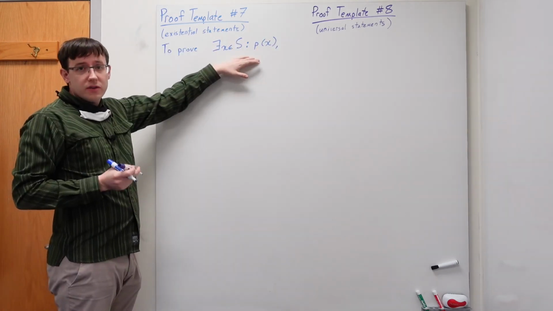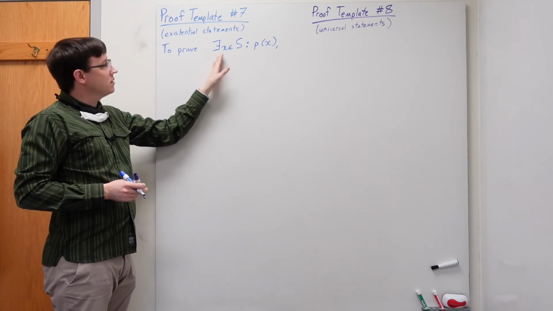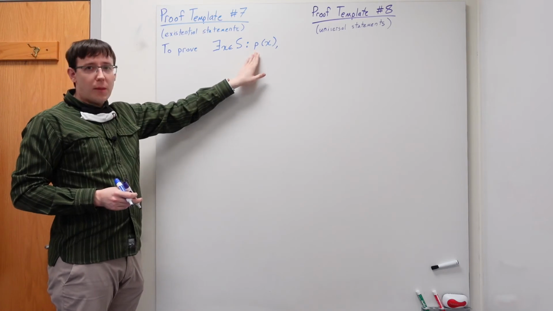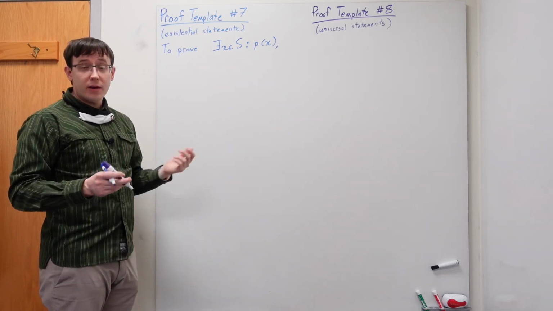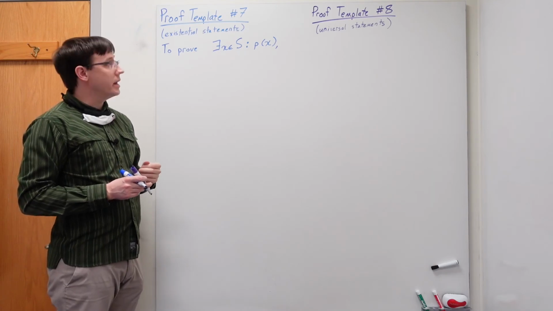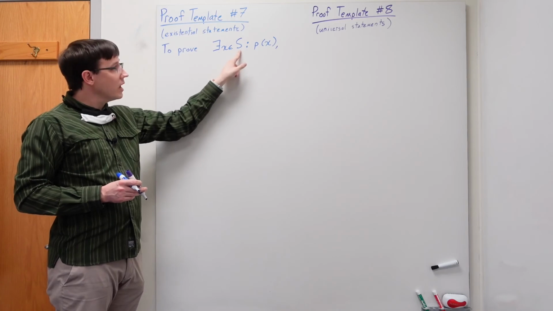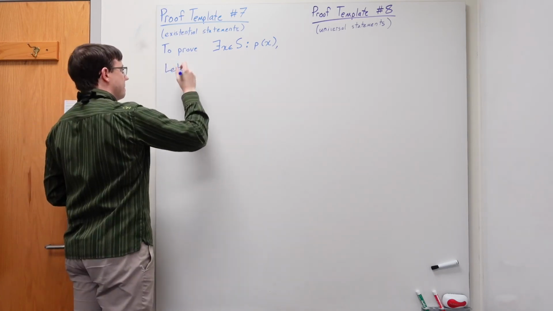For proof template 7, we are proving a statement of the form there exists an element of set S where property P holds for element X. And we do this by giving an example of some X that is in the set and for which the property holds.